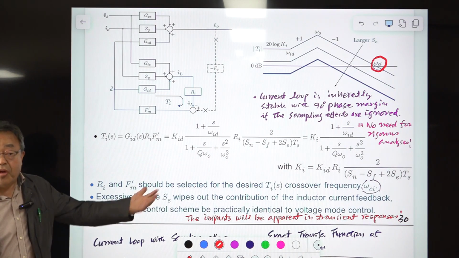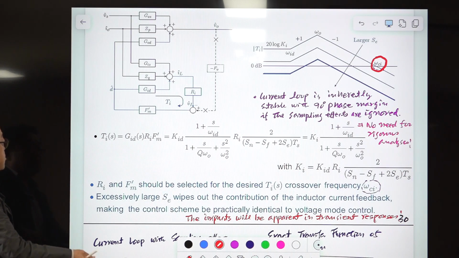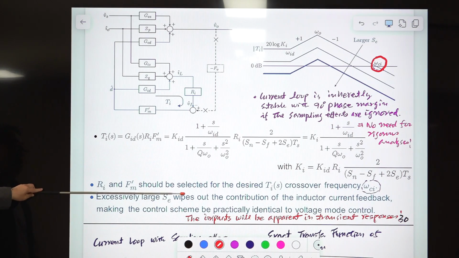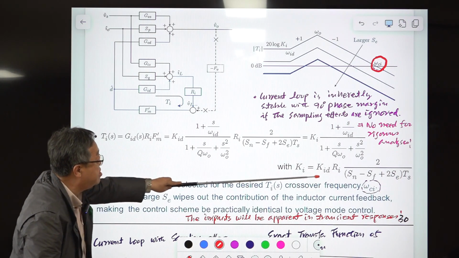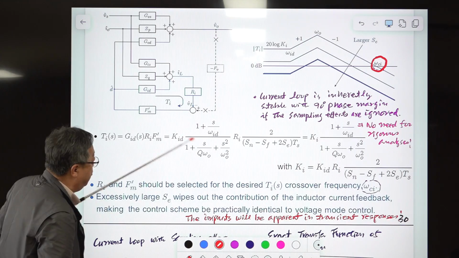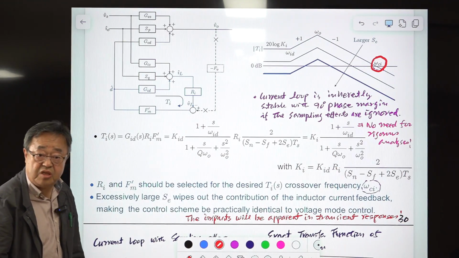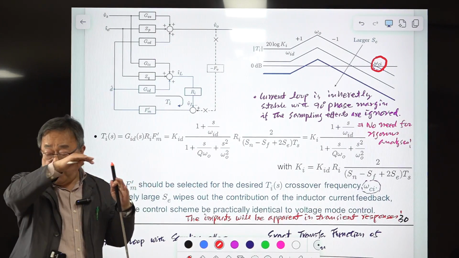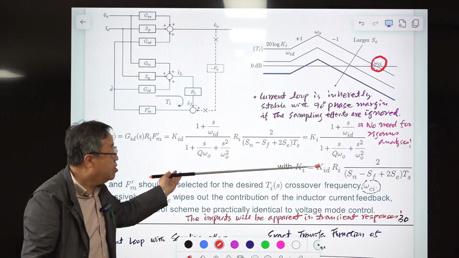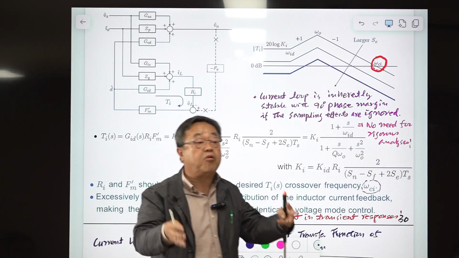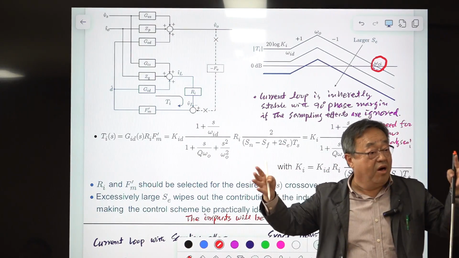You don't need to see anything. This is so obvious. So I wrote down here the Ri and Fm prime. This Fm prime is determined by the power stage transfer function, and the Ri is the current sensing network. The magnitude of this is determined by the maximum value of your inductor current times the current sensing network, which should be smaller than the allowable magnitude of your controller.